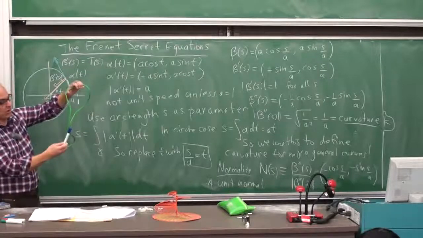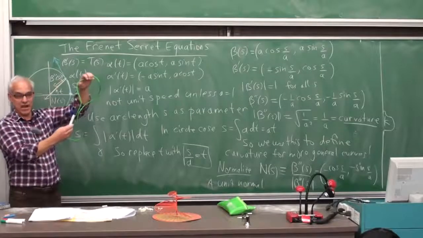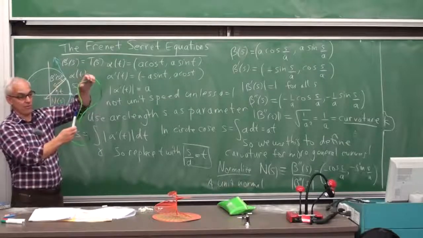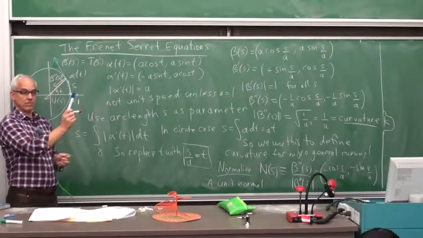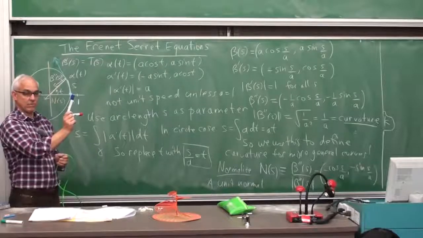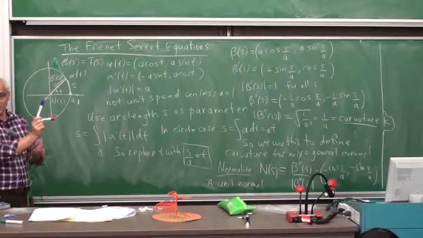And what we're interested in when studying the Frenet-Serret equations is thinking about not just the tangent vector, but also a unit normal vector, which plays the same role as this one, in the direction of the acceleration.